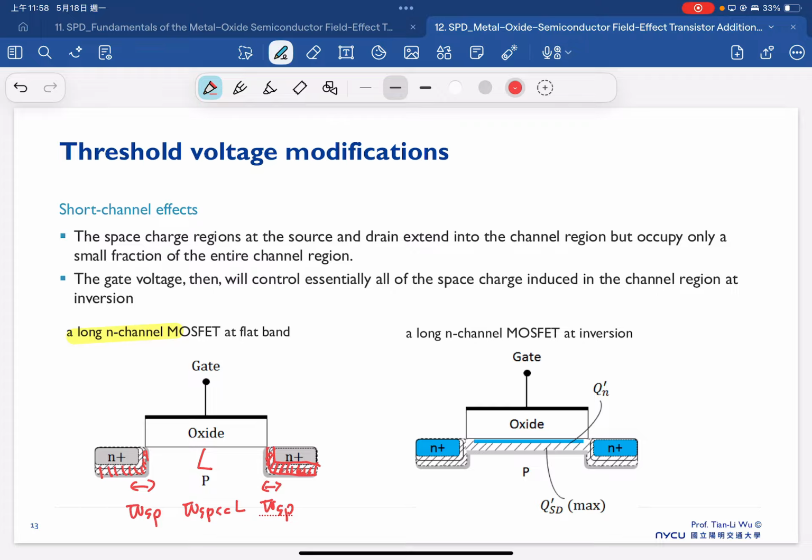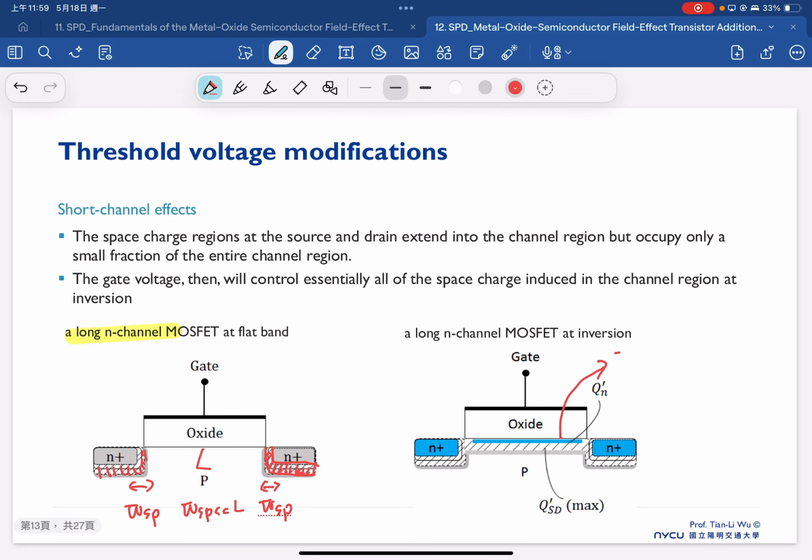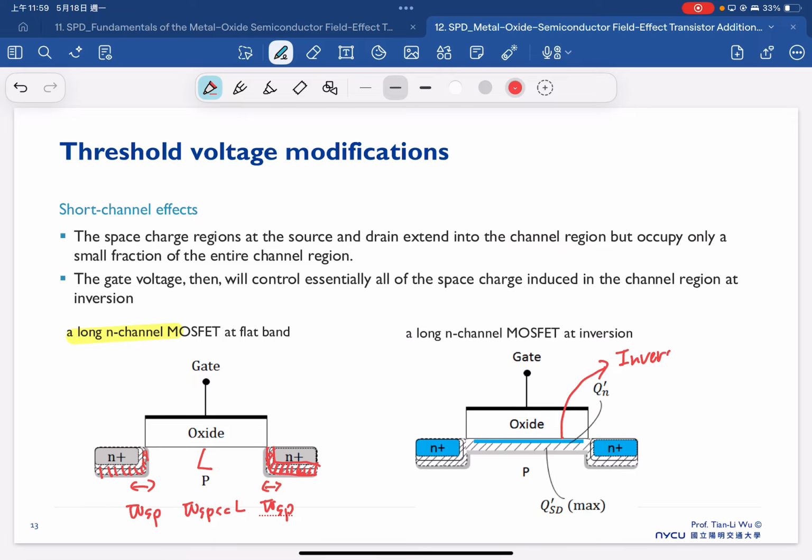Once we bias this MOSFET in inversion conditions, we will see this is our charge here. The inversion channel is still mainly controlled by the gate.